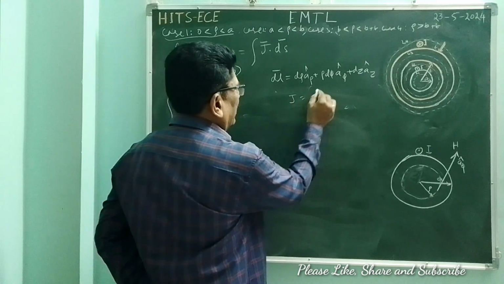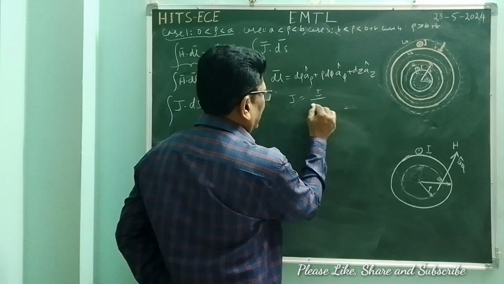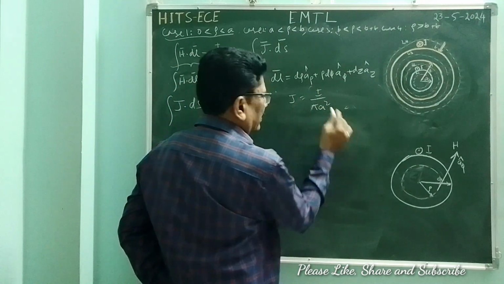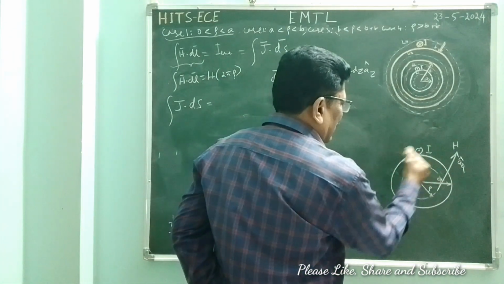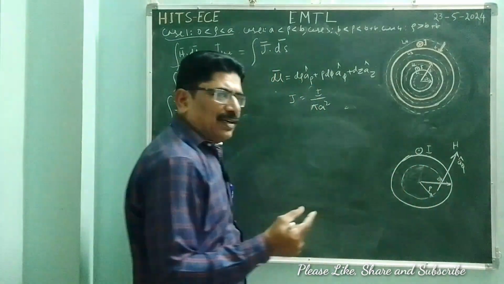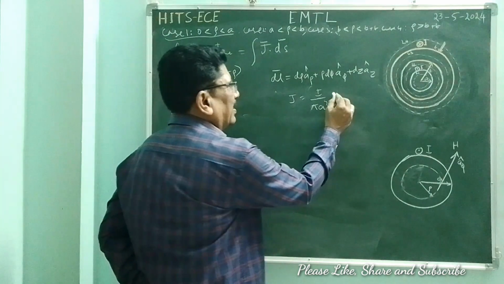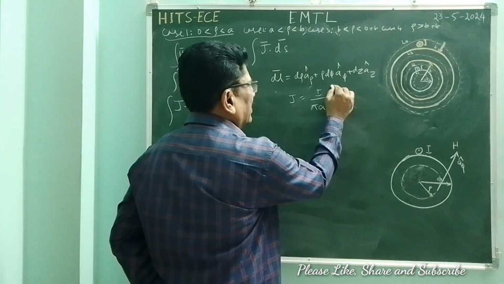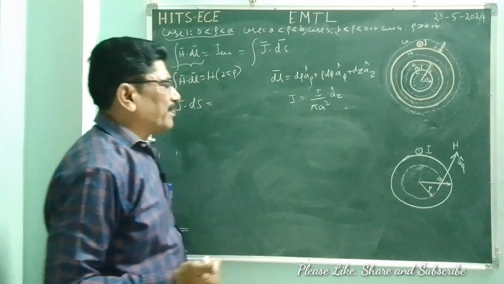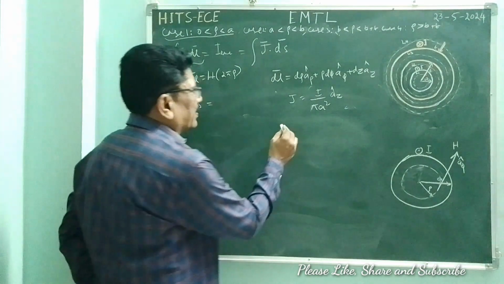That is, J is equal to I by pi a square. We consider the complete cross-sectional area to find the current density. So J is equal to I by pi a square, and the direction is a z cap, since it is flowing like this.